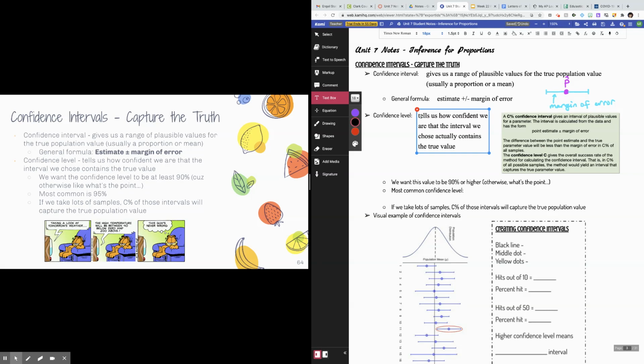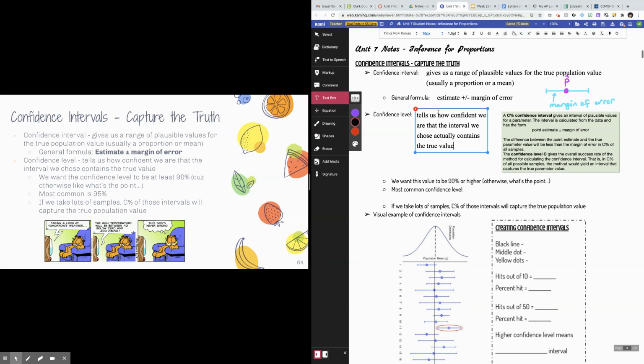I hope that intuitively that makes sense, like why that is. If somebody came up to you and said, I think this ticket is the winning ticket for the lottery, but I'm only like 50% confident in it, you wouldn't necessarily take that person to heart.